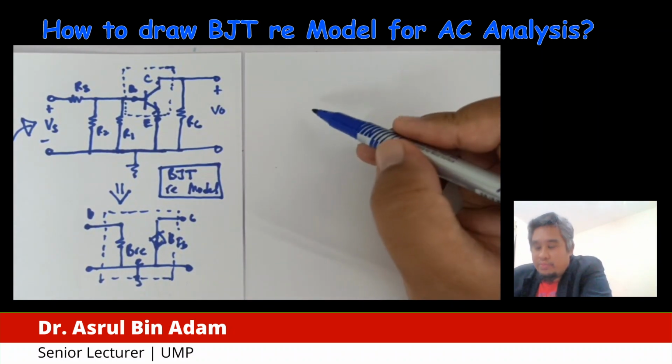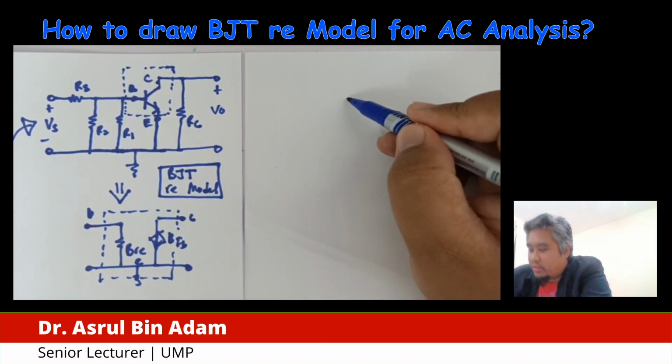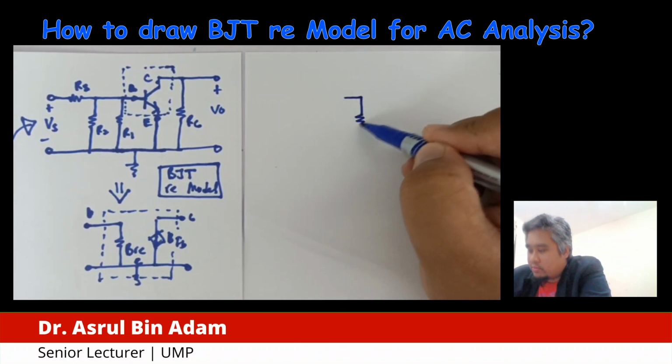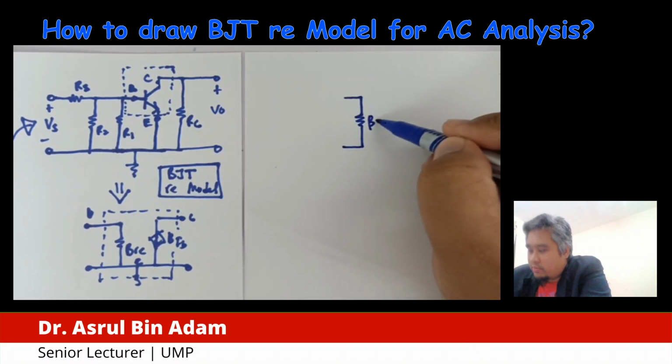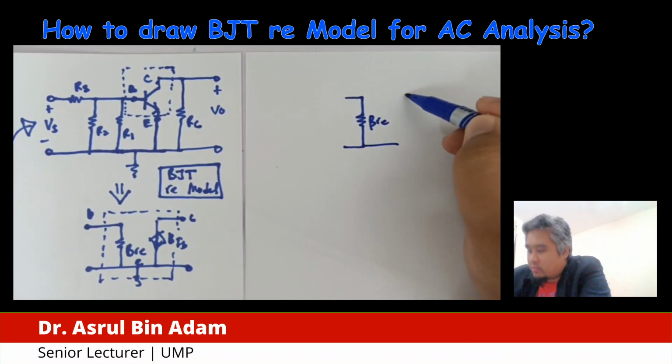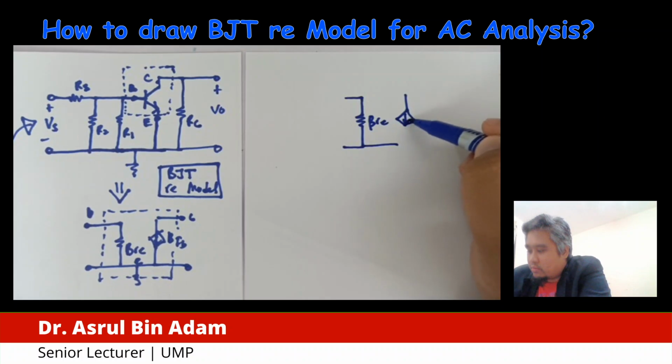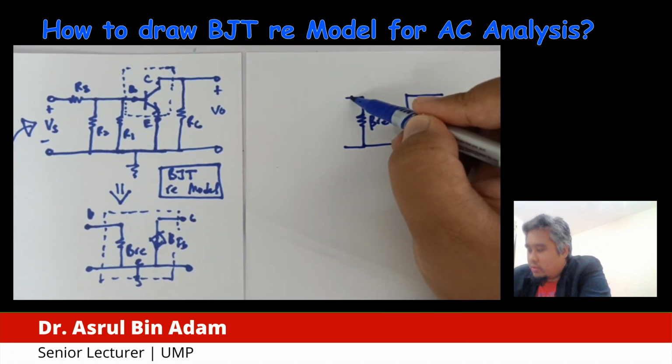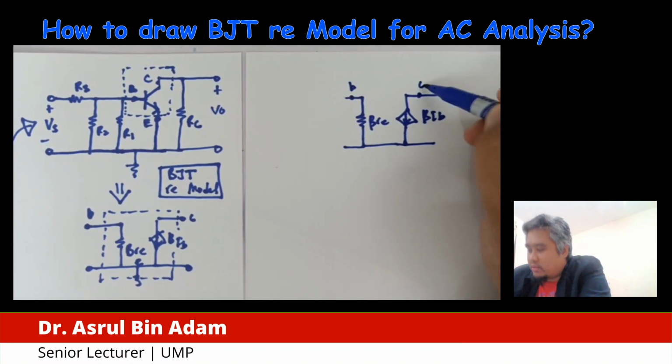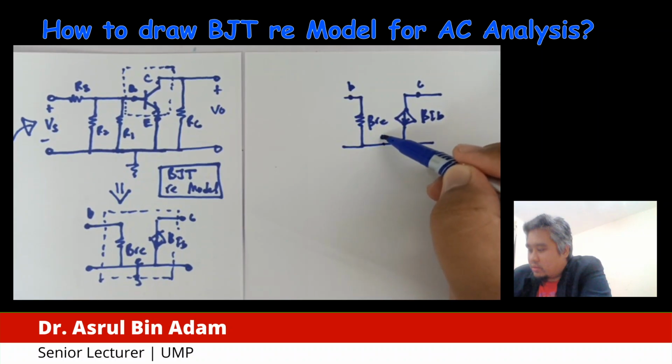I'm going to redraw our RE model here, with the RE and the current IB. This is our base, this one our collector, emitter.